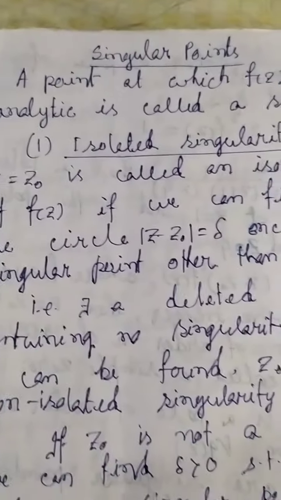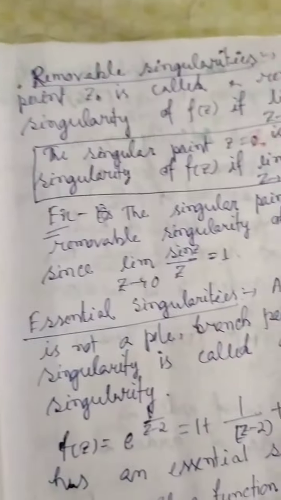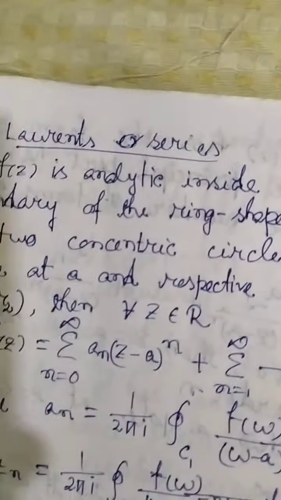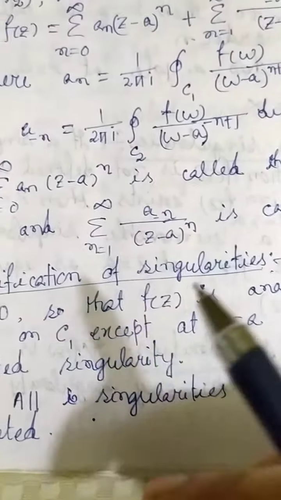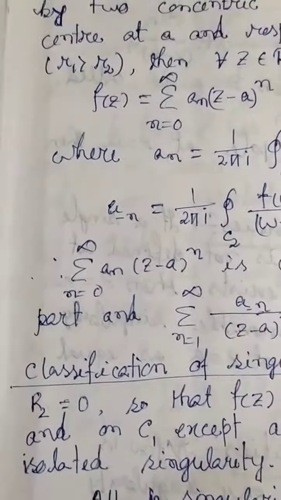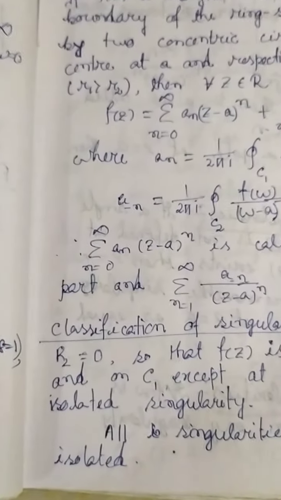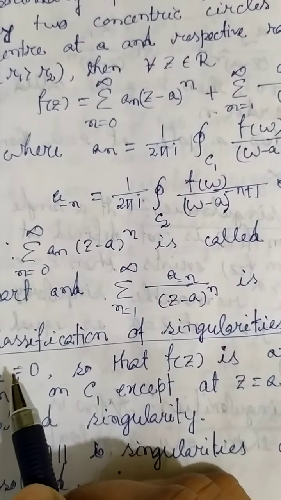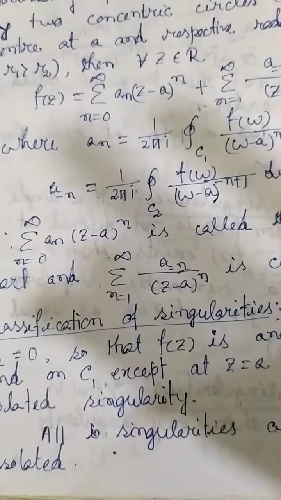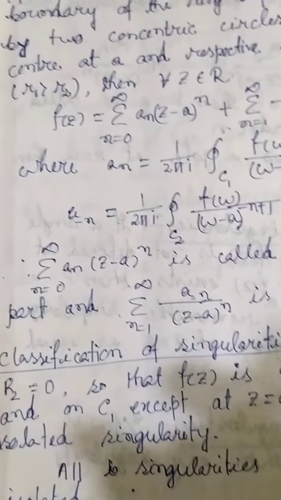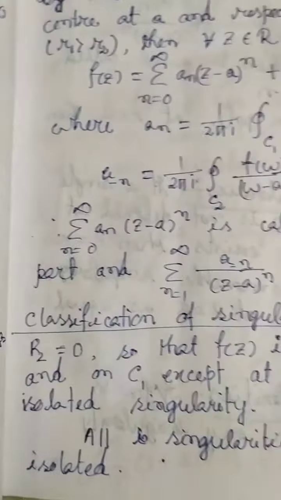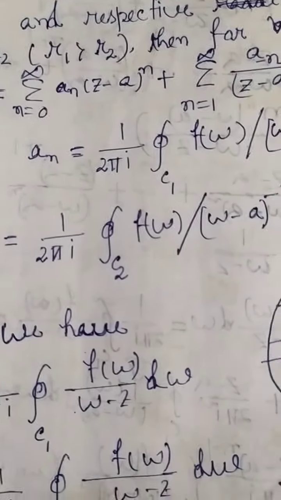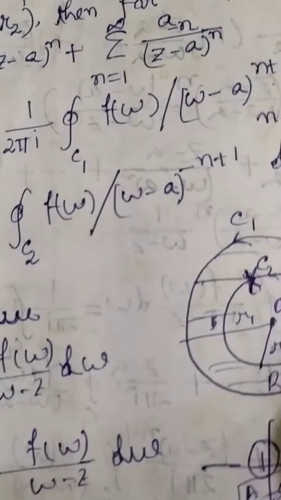So this is the Laurent series we have. Now, classification of singularity: how can we get all kinds of singularity using the Laurent series? If I consider R2 equal to 0, that is the smaller circle, then we have only this part and no other part.